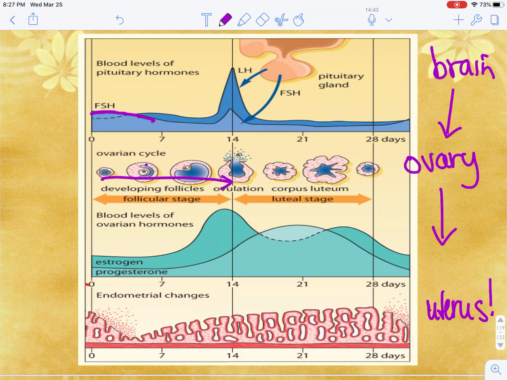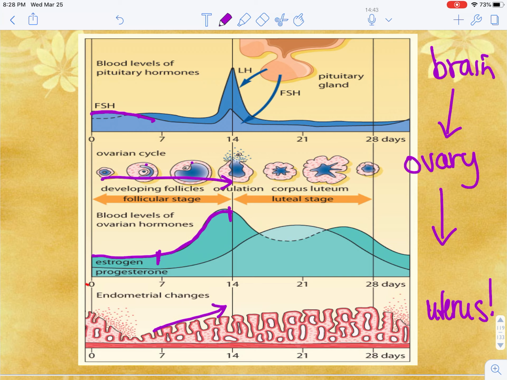At the same time, these follicular cells are the ones that are mostly making estrogen, and the estrogen is the highest here. As it grows, estrogen is getting higher and higher, and as estrogen gets higher, particularly between day 7 and 14, you can see how that corresponds with how it's building the inner lining of the uterus, so that if a fertilization occurs, that fertilized egg has a very vascular place in the uterus to develop.